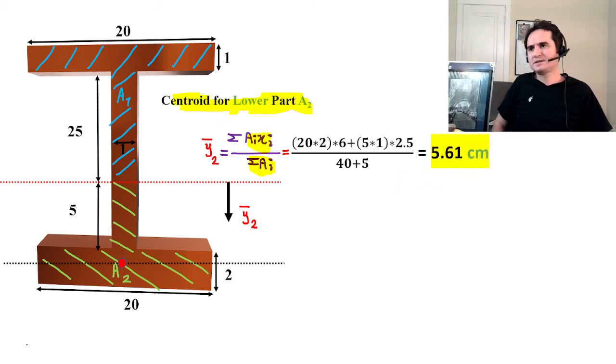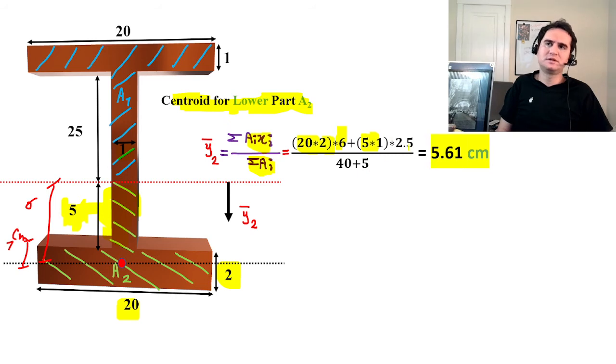That gives us 20 times 2 times 6, because this is 5 plus a 1 centimeter addition, so a 6 centimeter distance, plus 5 times 1, this is 1 and this is 5, so this area is 5 centimeters squared, times 2.5, which is the center. Again over half of the area, which is 2 times 20 plus 5, that's 45.